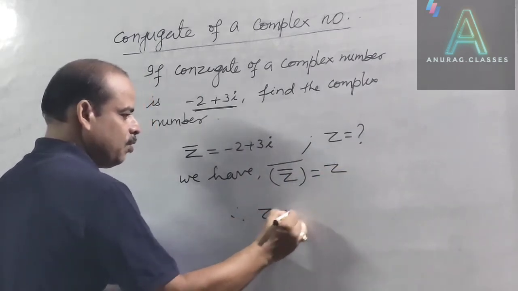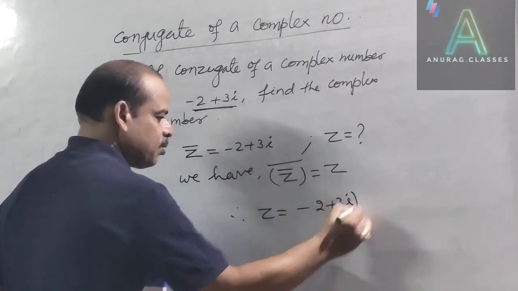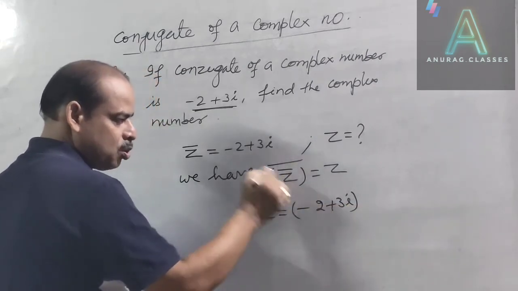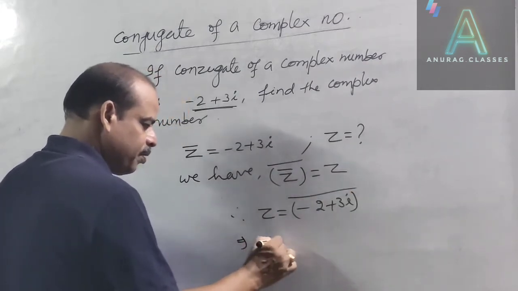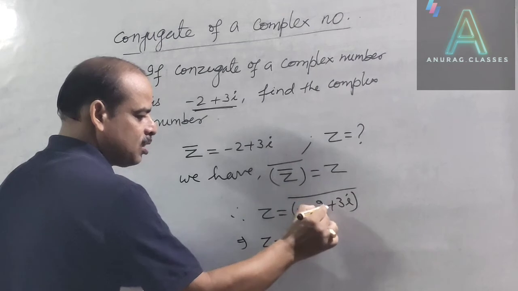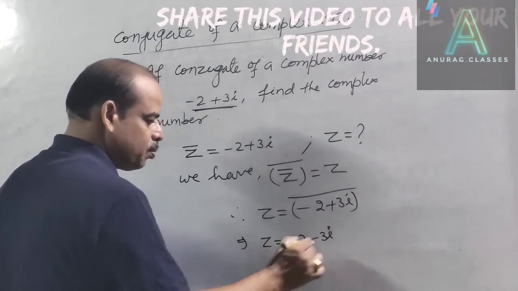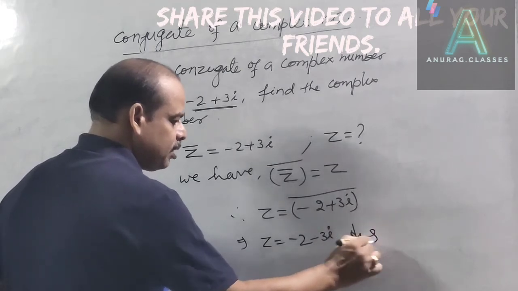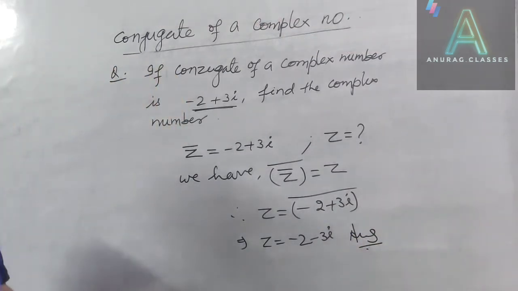So z will be, the value of z conjugate is -2 plus 3 iota. It is the value of z conjugate, then whole conjugate. So z will be -2, and for this conjugate sign of imaginary number changes. So -2 minus 3 iota will be your answer. So it is a very simple question.